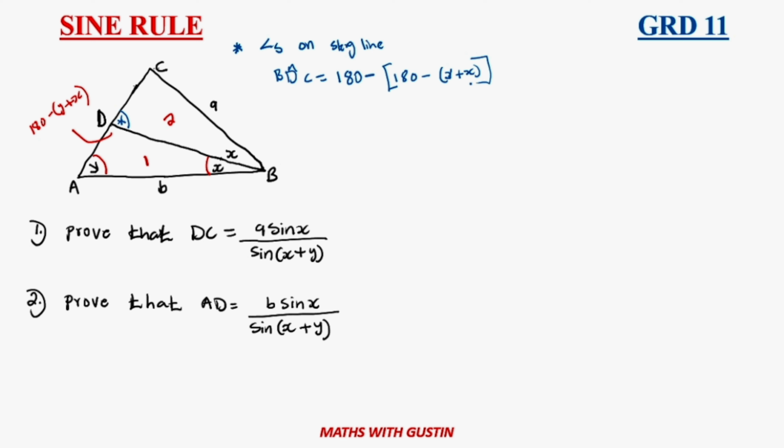We remove the bracket by multiplying throughout with a negative. Negative times negative gives positive, so what is in the bracket remains as it is. The 180 and 180 cancel out, which ultimately gives us angle D as y plus x. So this angle here of D will just be y plus x.